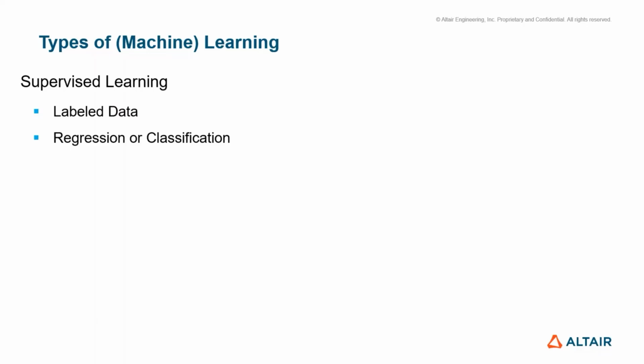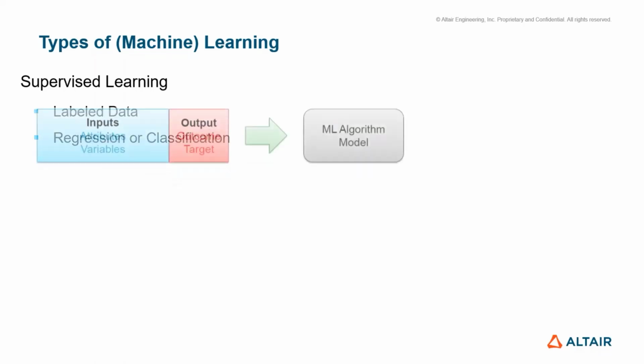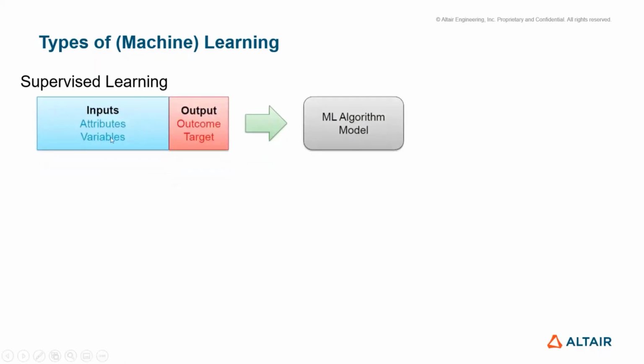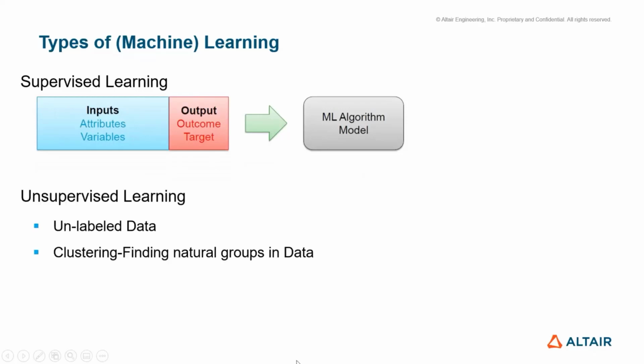Or suppose you want to solve a quality problem, where the product quality is either good or bad, and for each data point you have labeled it. So you have input attribute variables and the outcome target, all in the data, and you build a model out of it. That is called a supervised learning model.